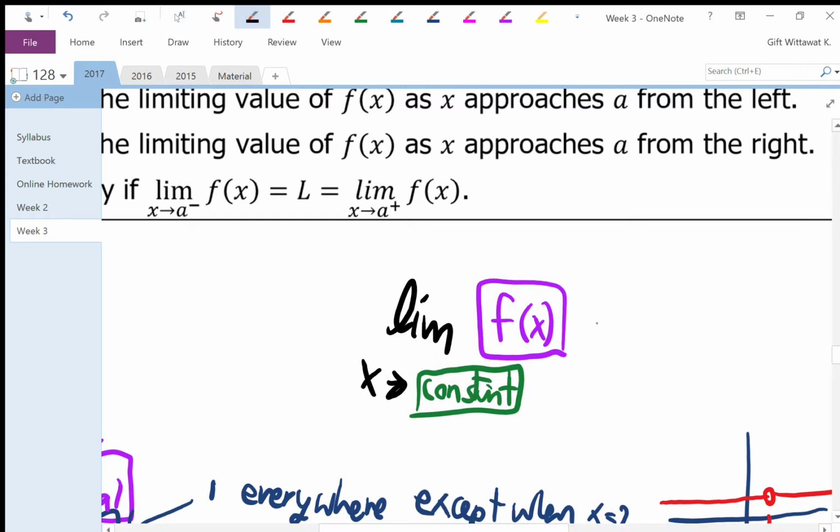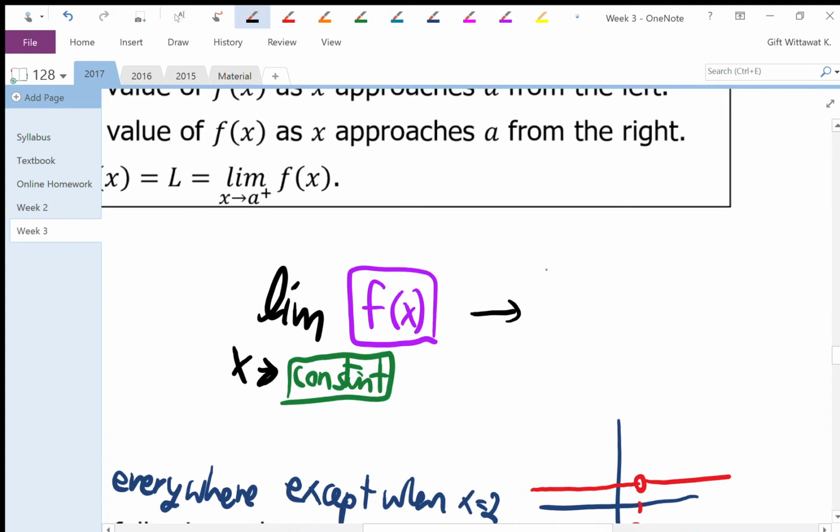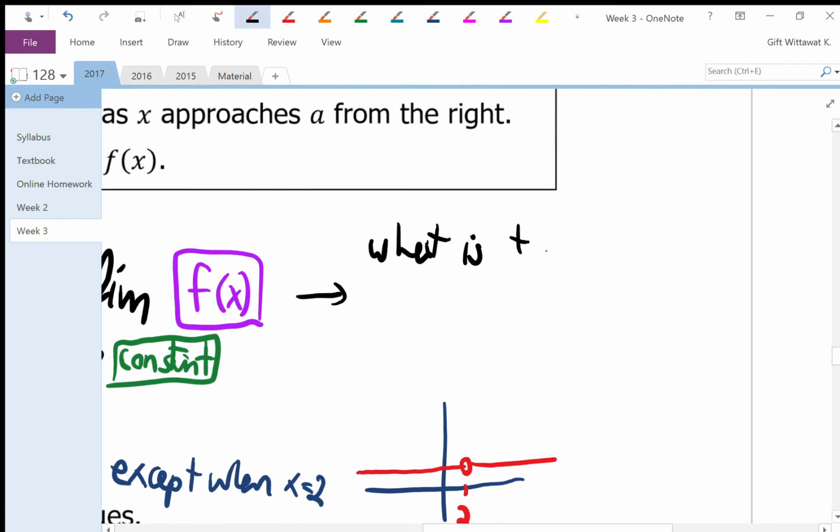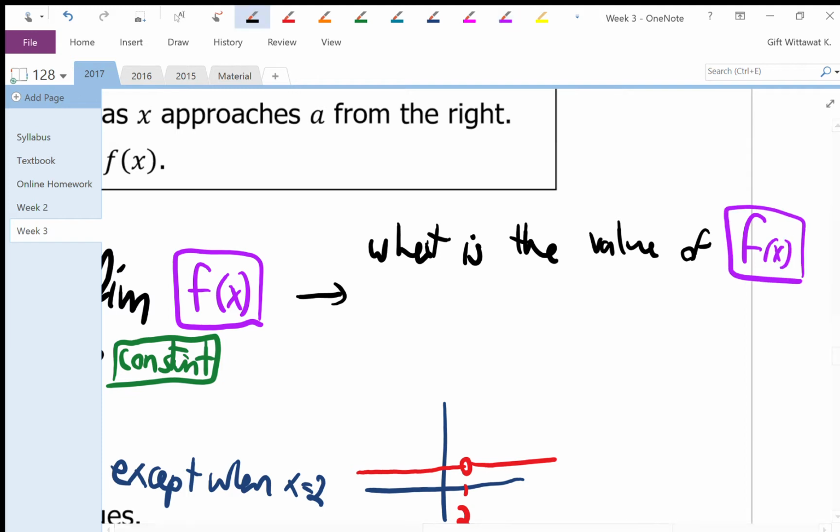What this is basically asking is, what is the value of my function when x approaches the constant?